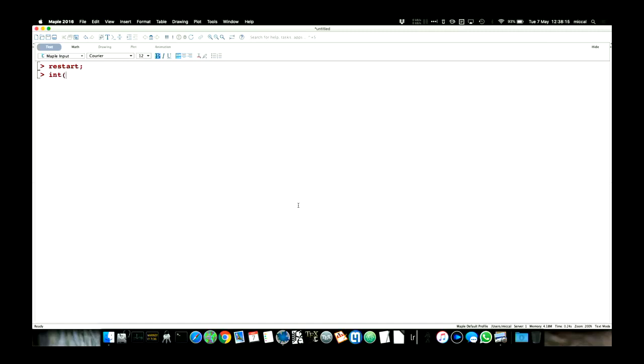Now, if I ask this to integrate this function, x to the minus a third, from minus 1 to 0, what the hell? I'm looking at a picture of this thing. The length can't be a complex number. And that's because Maple is not smart.